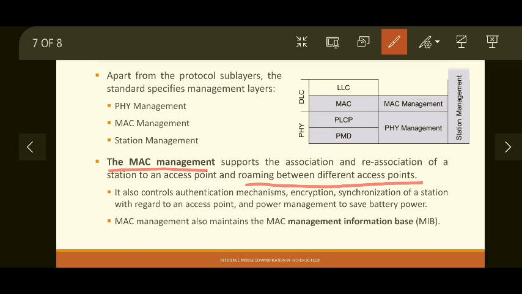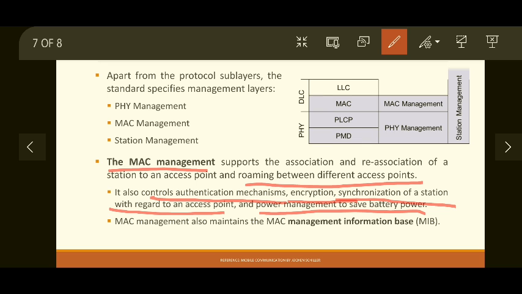So association and reassociation, why is it so important? To provide security, the access point several times employs or implements security mechanisms like authentication. So it controls the authentication mechanism, encryption, synchronization of a station with regard to an access point, and power management to save battery power. As we have seen in the network layer, routing is different in wireless networks because the power consumed during routing should be minimum.